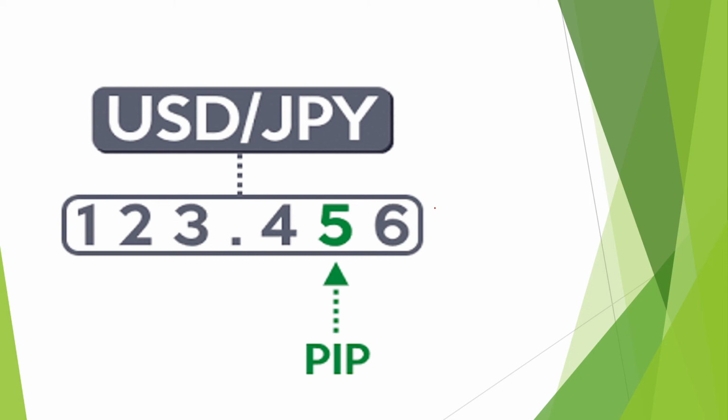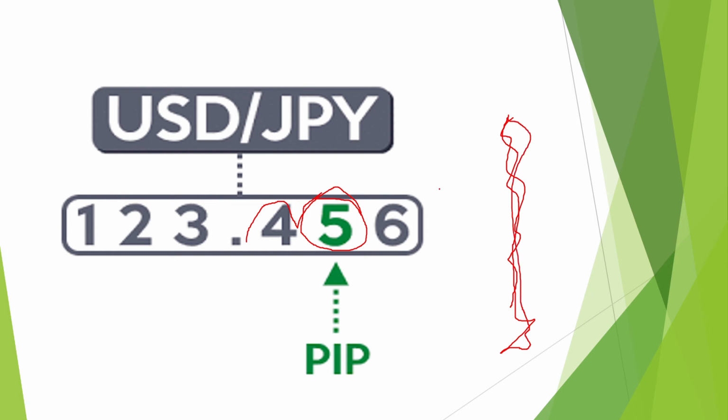Why this JPY pairs, USD JPY, GBP JPY, then any pair that pairs with JPY. The second number after the decimal is called the pip. So the second number, 1, then 2, is known as the pip. You understand? Get it? You will always see some random number here on your TradingView, both your MT4 or MT5.